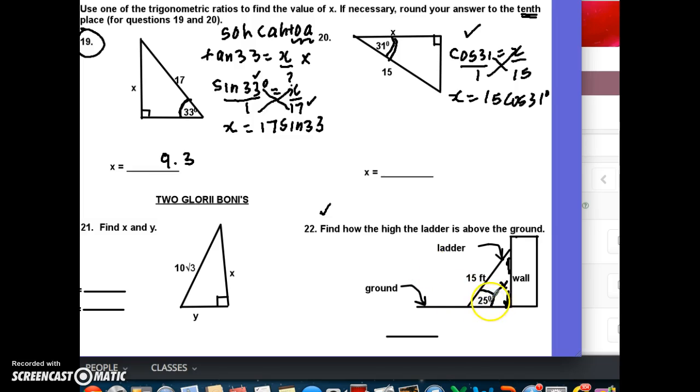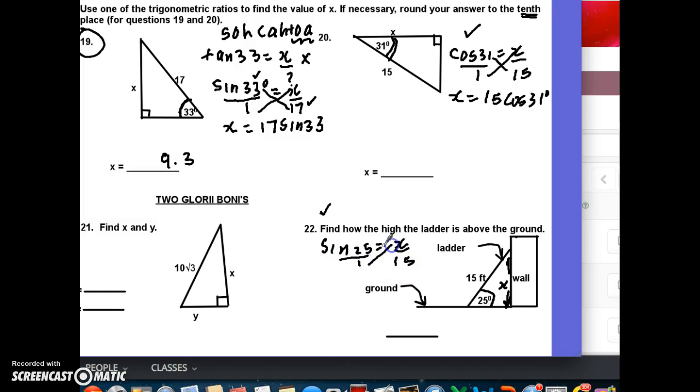So should we use SOH, CAH, or TOA? The x is opposite to the angle, so it seems like we need something opposite, and we have the hypotenuse. Opposite, hypotenuse, what would that be? That would be the sine, wouldn't it? So sine of 25 would be the opposite, which is x, over the hypotenuse, which is 15.